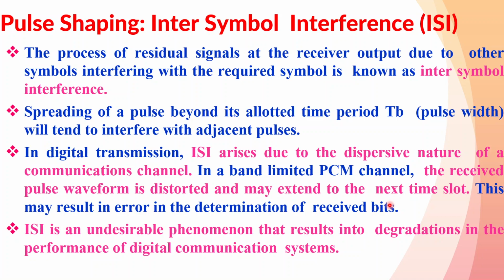Sometimes it may cause confusion about whether bit 1 or bit 0 was transmitted because of this distortion. So ISI is an undesirable phenomenon and results in degradation of the performance of the digital communication system.